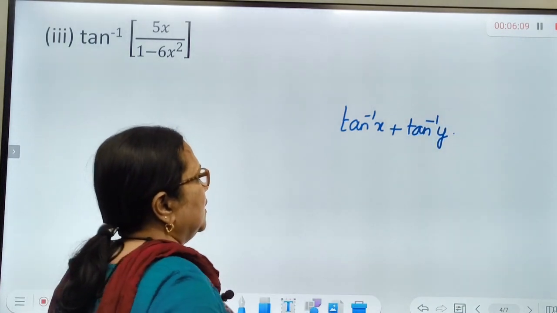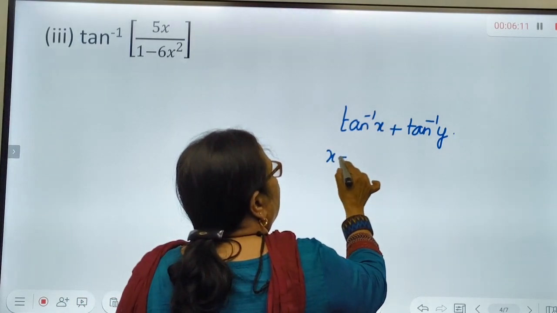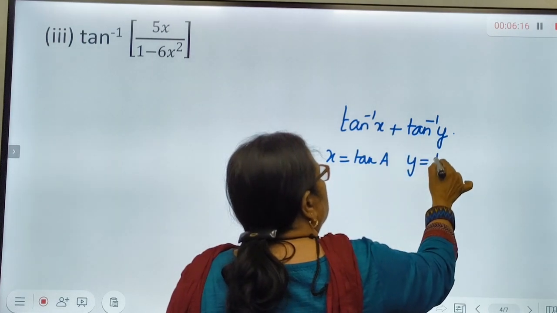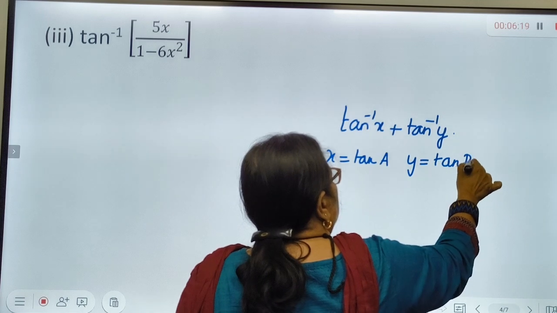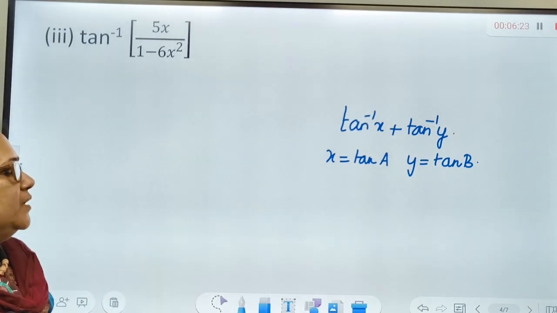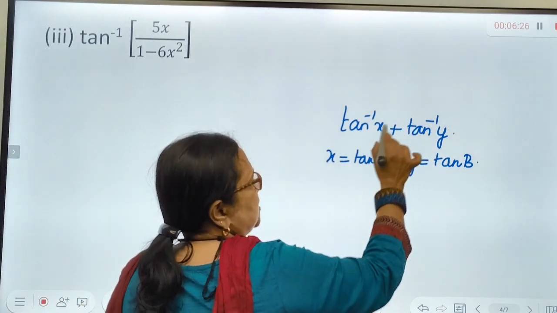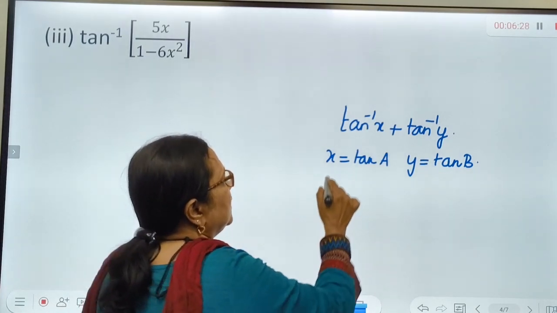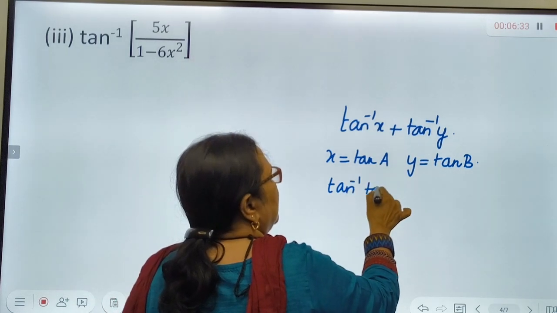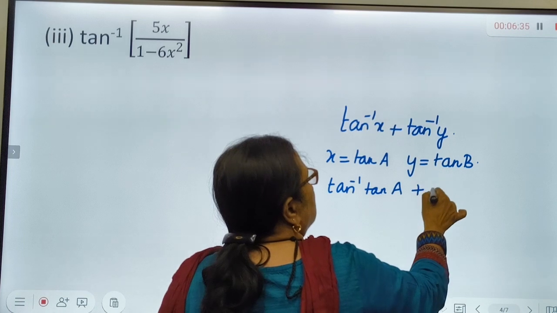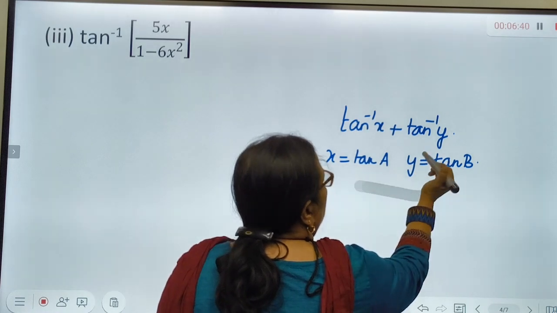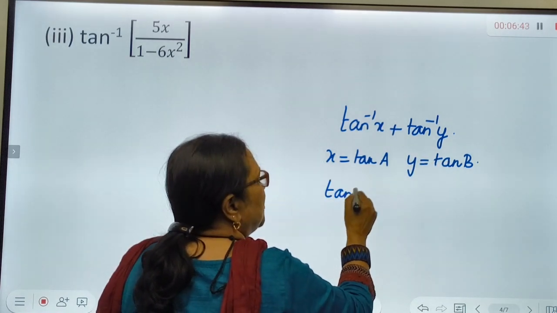Okay, now I am going to write x as tan A and y as tan B. Let x be tan A and let y be tan B. I want to simplify tan inverse x plus tan inverse y. Okay, then this becomes tan inverse tan A plus tan inverse tan B. But even before that, I want to look at tan of A plus B first.